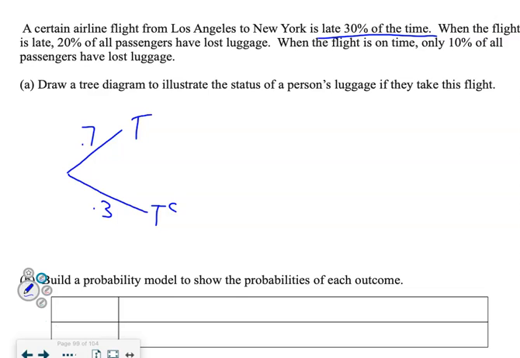Now, that takes care of whether I'm going to be on time or not. Now there's the issue with our luggage. I keep my luggage or I lose my luggage. I keep my luggage or I lose my luggage. Now, sometimes on a problem like this, it wouldn't be a bad idea to say what everything stands for.